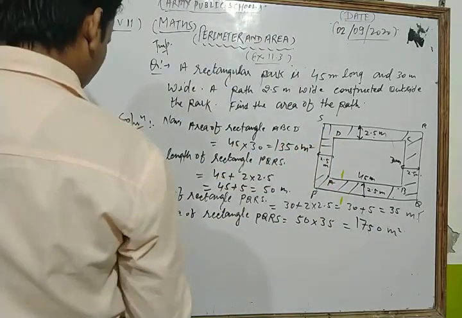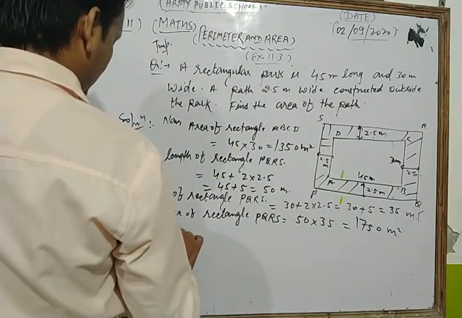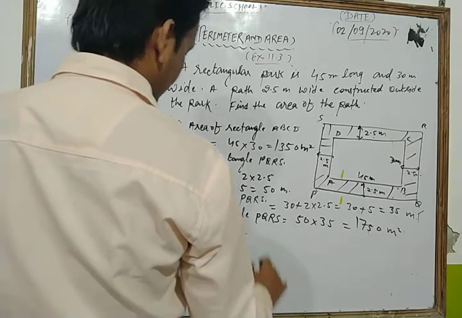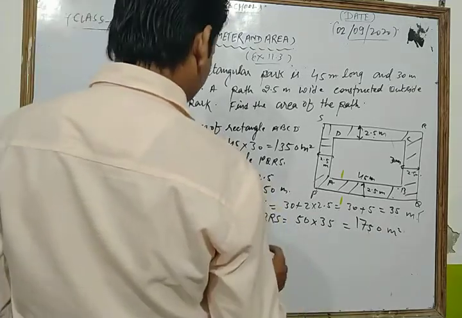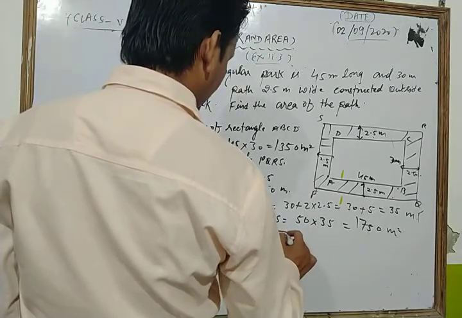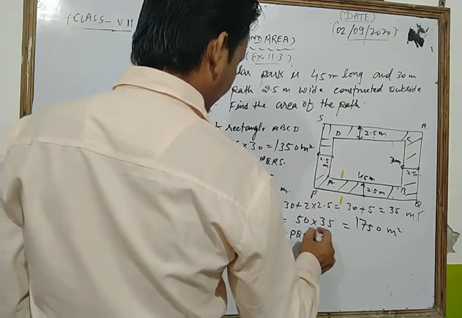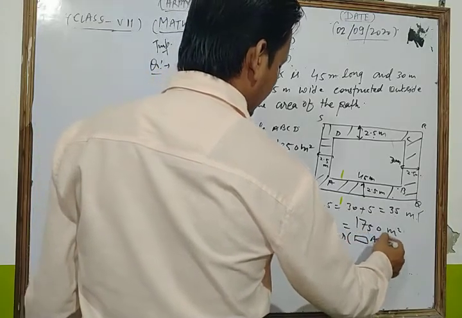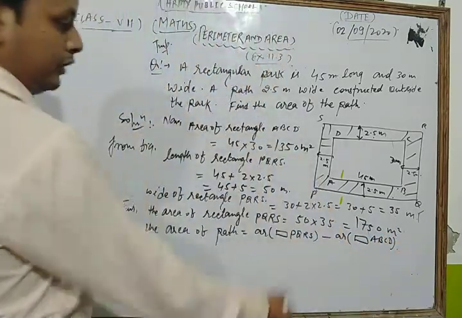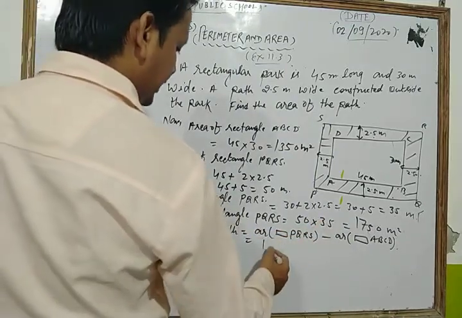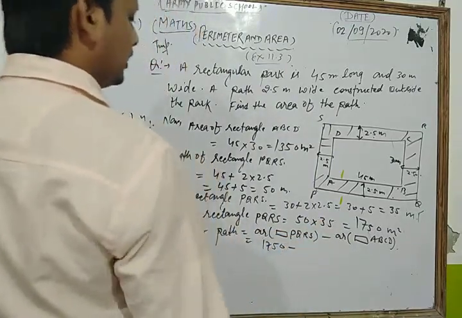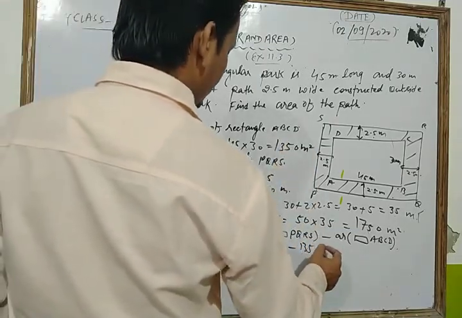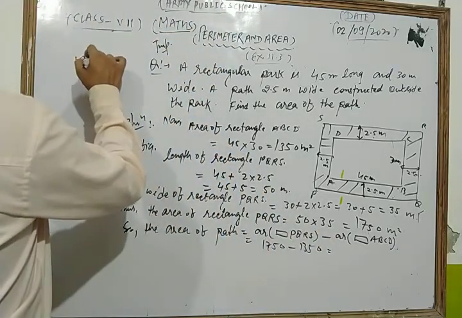Thus the area of the path will be the area of rectangle PQRS minus the area of rectangle ABCD. So putting in the values, we get 1750 minus 1350. Let's see, we subtract them.